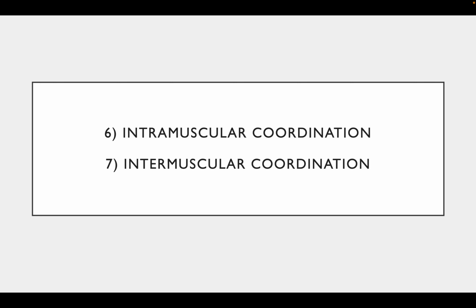All right, these next two: intramuscular coordination and intermuscular coordination. Number five, intra, within a single muscle or muscle group itself. Do we have more of an isometric effect with a different muscle group? This comes into play a lot with the hamstring, where there's been a lot of debate on whether it's just an eccentric action during the swing phase, or no, it's an isometric action during the swing phase.